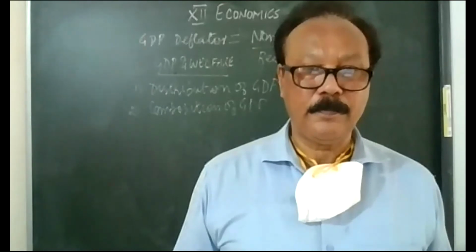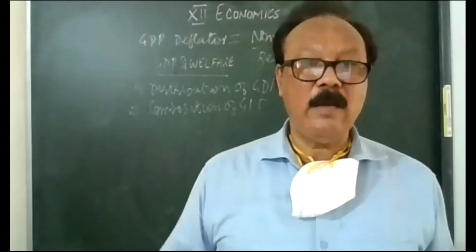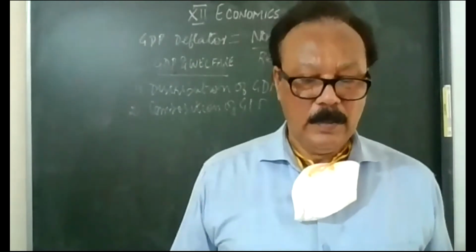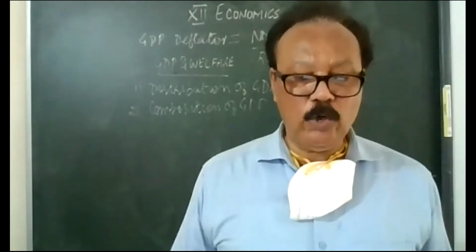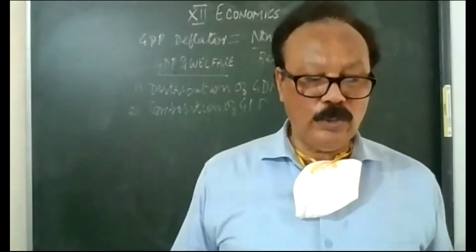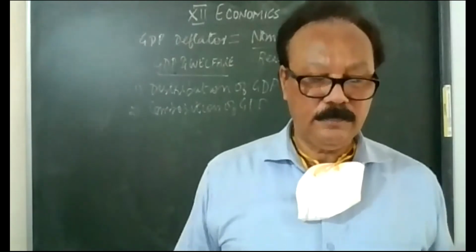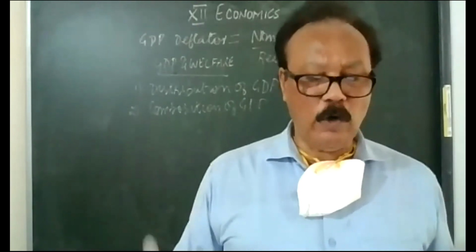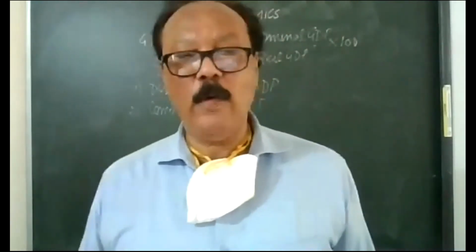What will happen? Destruction will increase and welfare will reduce. Similarly, an increase in GDP may be purely due to an increase in goods which are not socially desirable, such as drugs, etc. Now, this will surely not enhance the economic welfare.